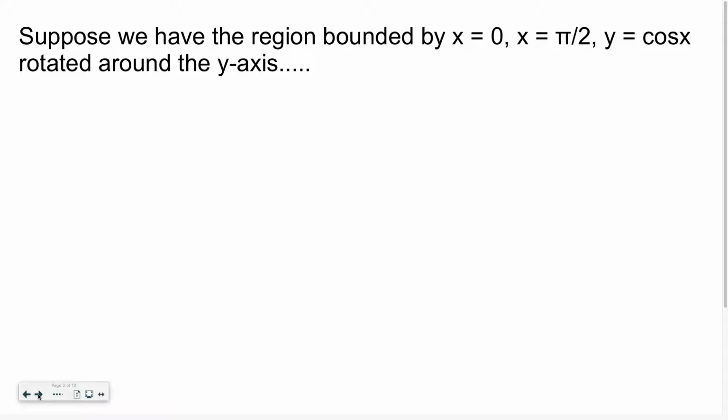X equals 0, x equals pi over 2, and cosine of x. Don't write it down. Let's just talk about it. From 0 to pi over 2, cosine looks like this, right? And then we keep going.